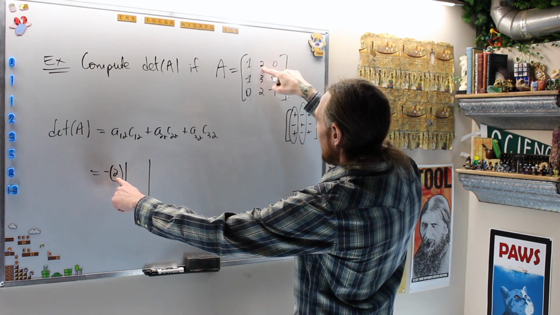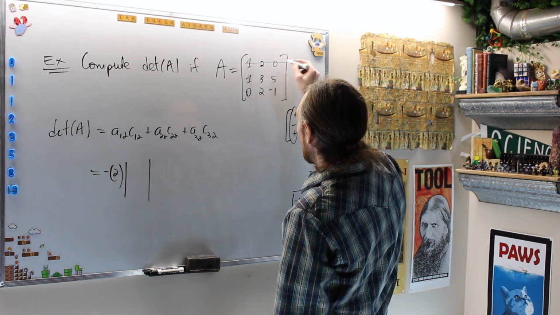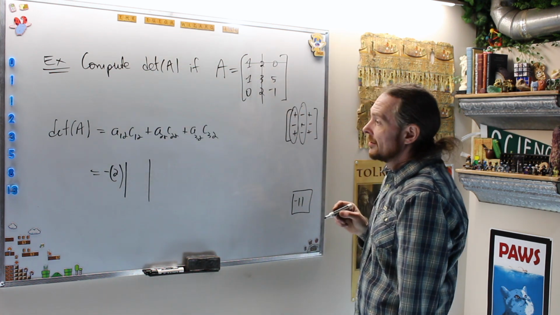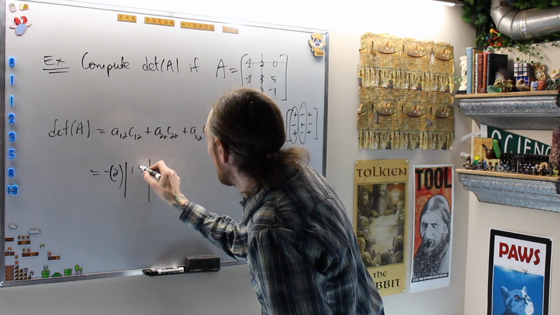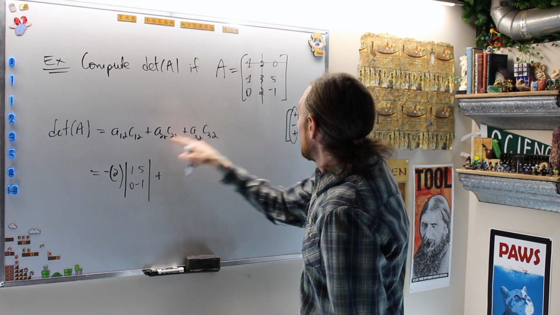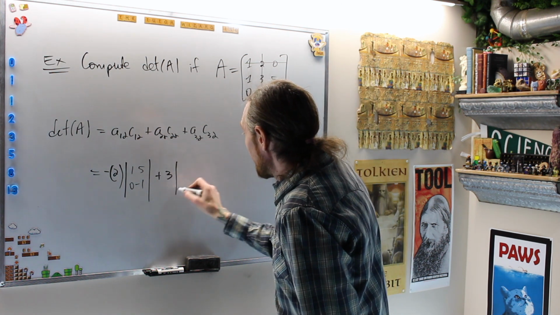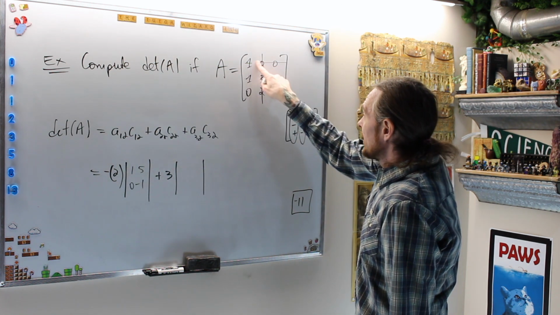A12 is 2. And then I'm going to block off row 1 and column 2. That gives me 1, 5, 0, 1. Negative 1. Plus now. A22 is 3 times C22, which is the Greek cross again.